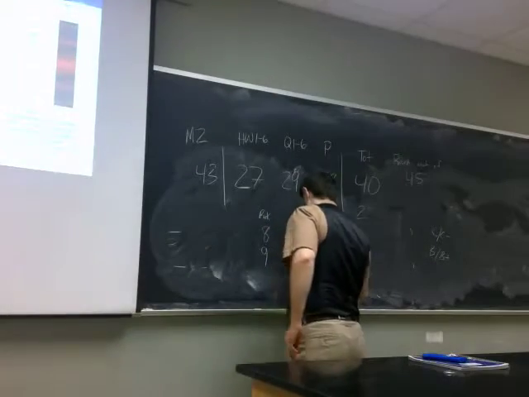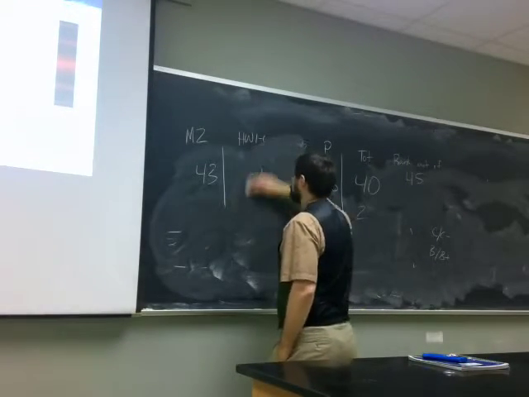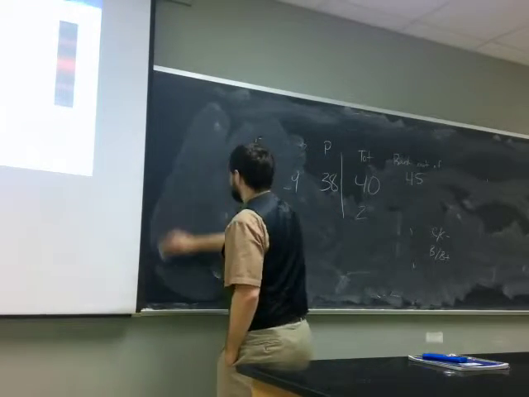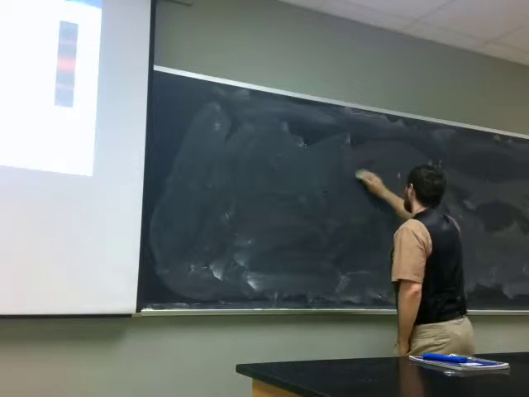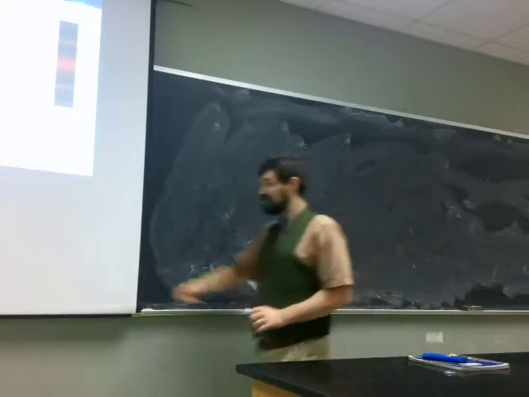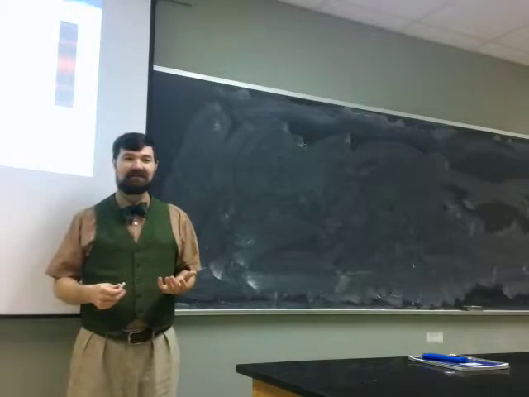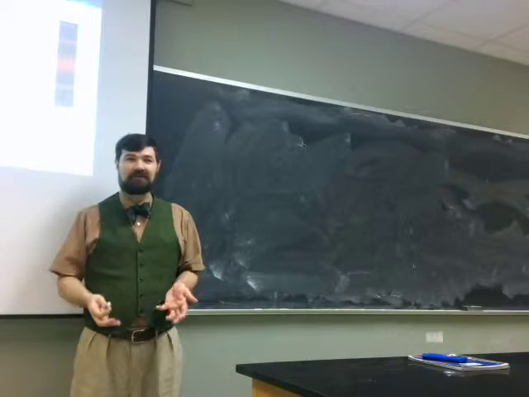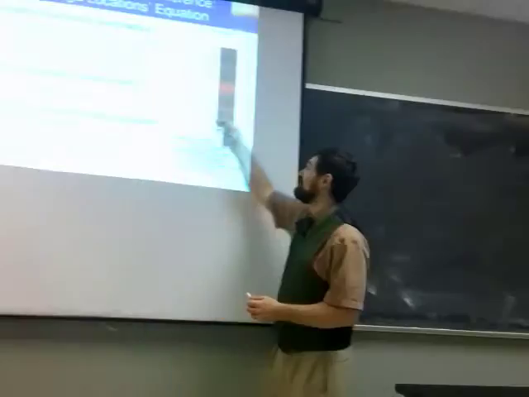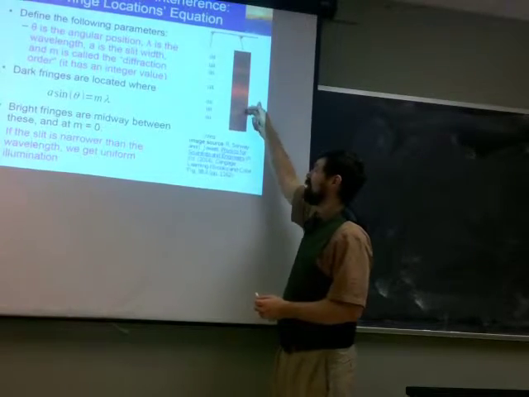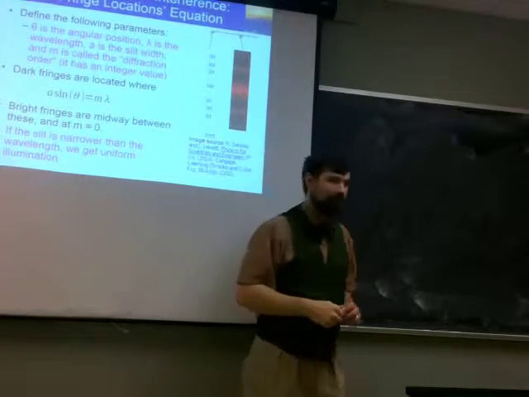I'll draw a little diagram here that's sort of an overhead view of what's going on and where theta is located. Because when you look at the screen, it's not really obvious how you get theta just from looking at it. You really just measure distances between one bright and the next, or one dark and the next.